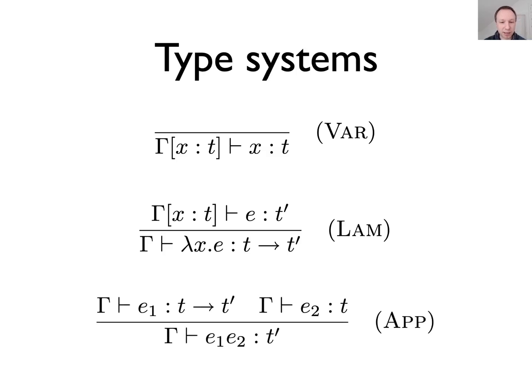And our lambda application, of course, here we say E1 has type t to t prime, E2 has type t, and then applying the argument E2 to the lambda abstraction E1, we get type t prime at the end of it.